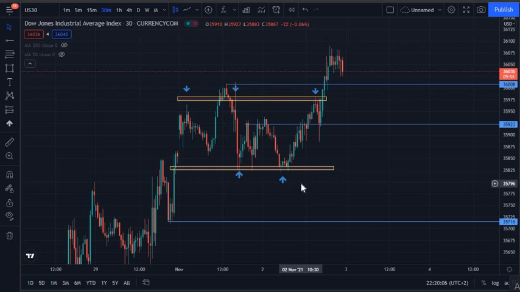Once we've identified our areas of value, we then try and execute a trade and see how we can execute a trade. So this is the trade that I was aiming at today. This is US 30. This is the trade that I got, and this is how it played out, right? So this blue line over here is my 4-hour time frame, my 4-hour area of value.